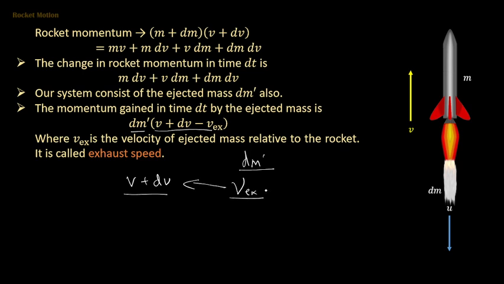Exhaust velocity is not measured relative to our coordinate system, but it is measured relative to the coordinate system attached to the rocket body. So what is the velocity relative to our coordinate system? Let's call it VO. The velocity of the escaping gas is equal to the velocity of rocket plus the velocity of exhaust mass relative to the rocket.